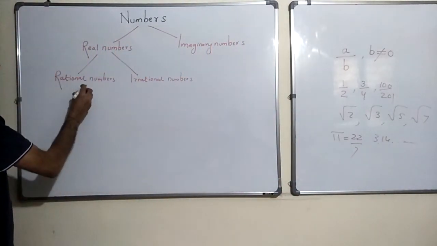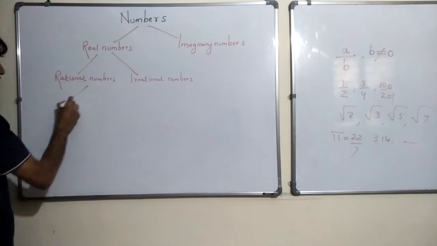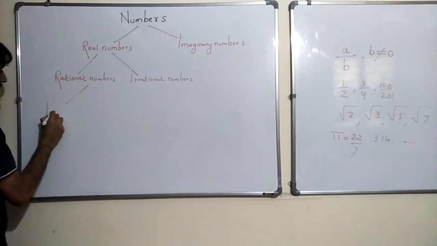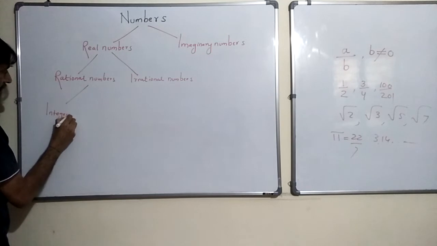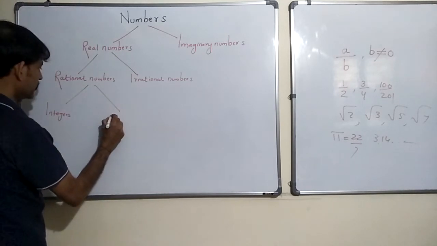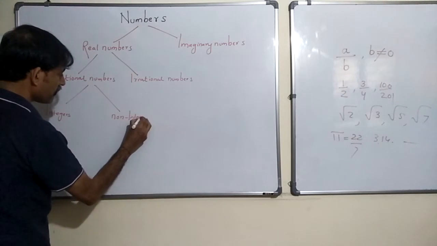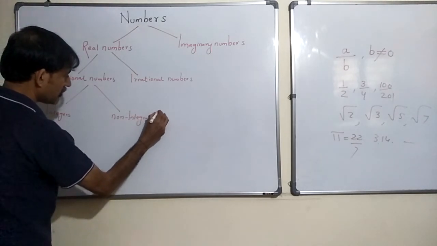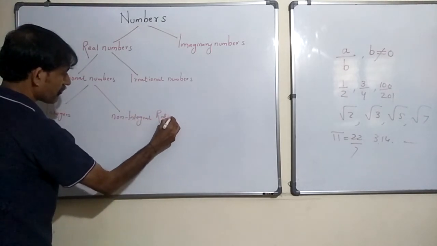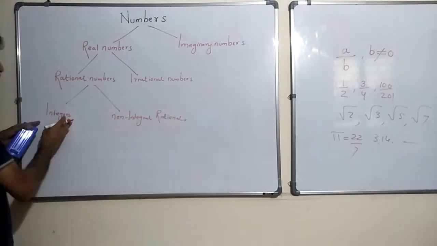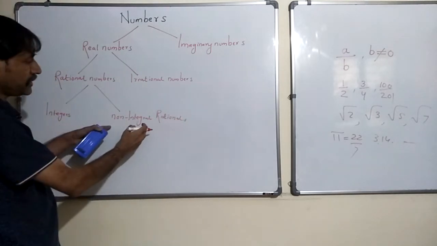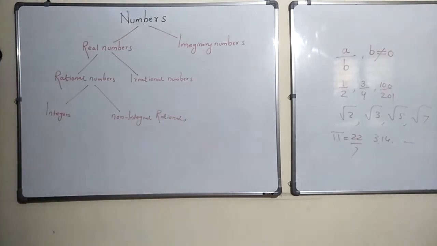Now rational numbers can be further classified into integers and non-integers or non-integral rationals. Integers do not have a fractional part, non-integral rationals have a fractional part.